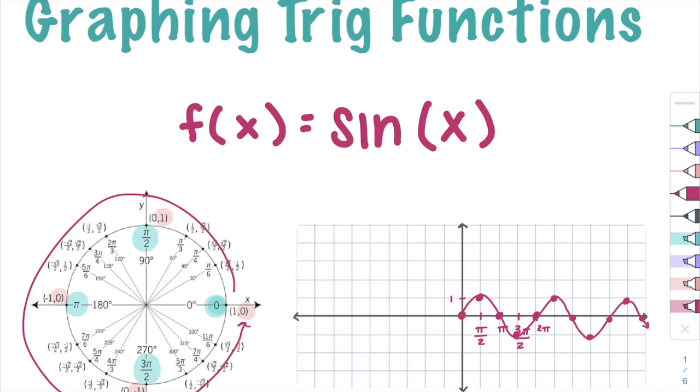If I travel backwards, all that happens is my pattern is reversed. So I go down to negative 1, 0, back up to 1, 0, negative 1, 0, 1, 0, negative 1, and same thing, that'll keep happening forever and ever. So I can use the unit circle to get myself a picture of the sine graph if I forget what it looks like.